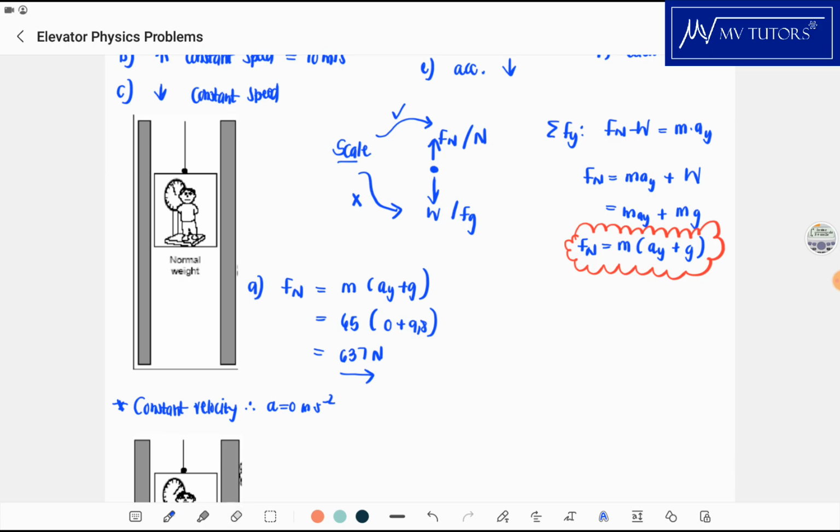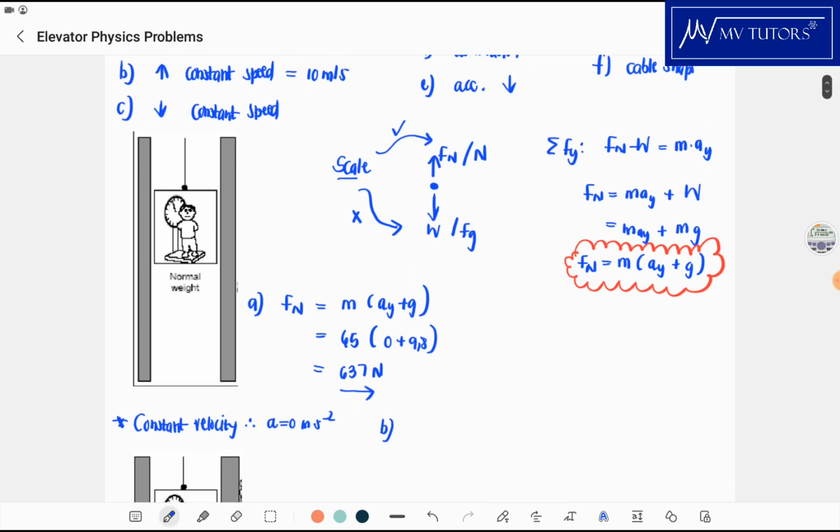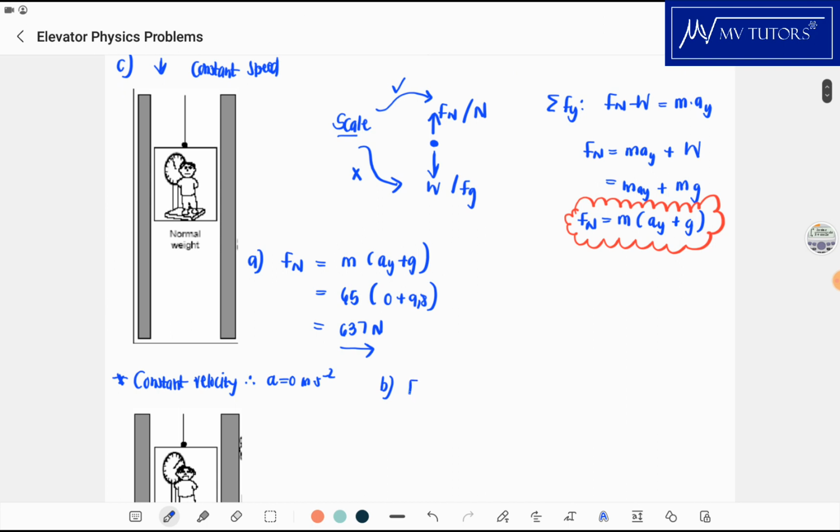Okay, so what about our scenario for B? Constant speed. Again, our normal force is mass times acceleration. We know the vertical acceleration is 0, and the gravitational acceleration doesn't change. So again, we're going to have 637 Newton.